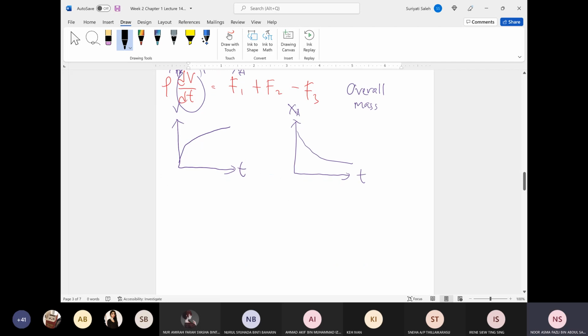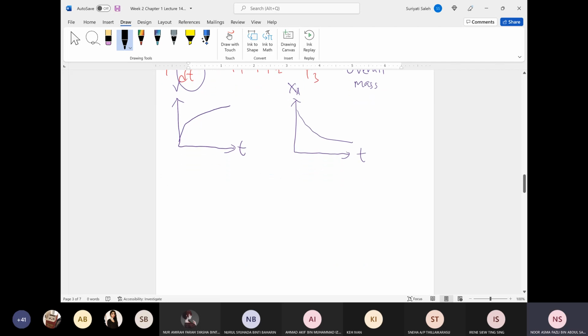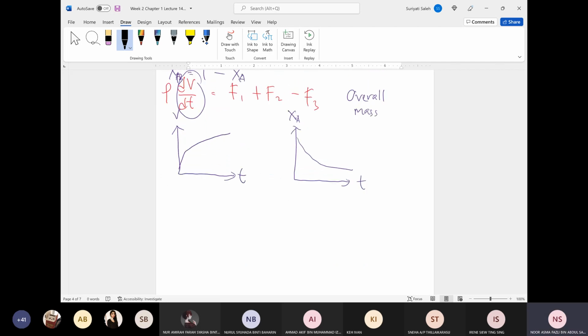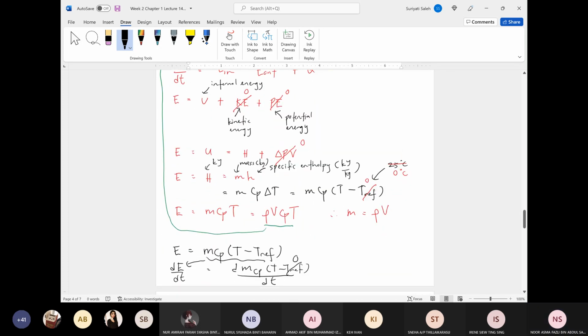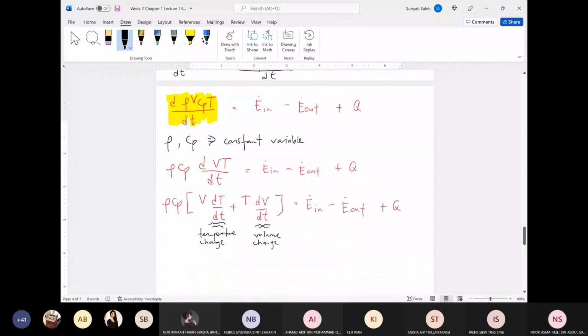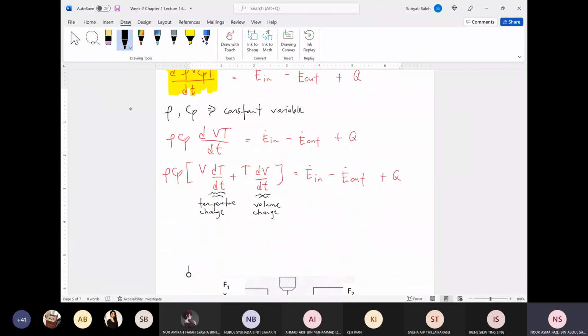So in this case, normally we can substitute the equation. This rho dV over dt equal to F1 plus F2 minus F3 from the overall mass balance can be substituted into the given equation, so you have the dV over dt inside.